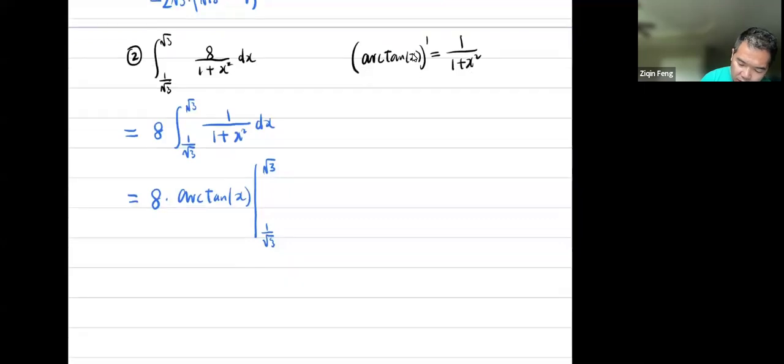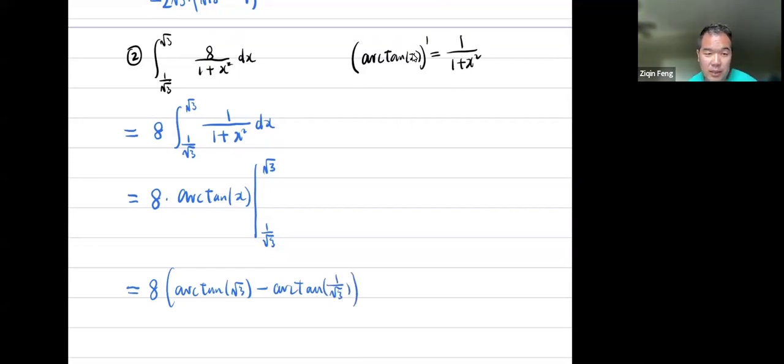So this is equal to 8 times arctangent of root 3 minus arctangent of 1 over root 3. So that's basically how we evaluate this definite integral.